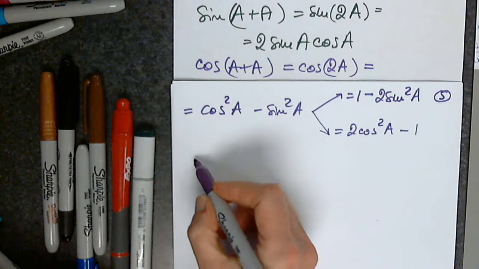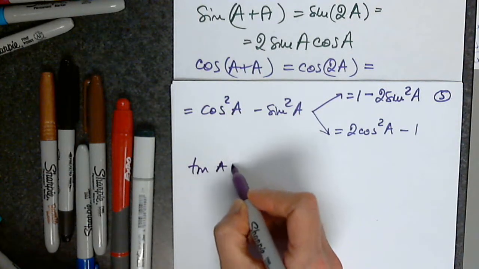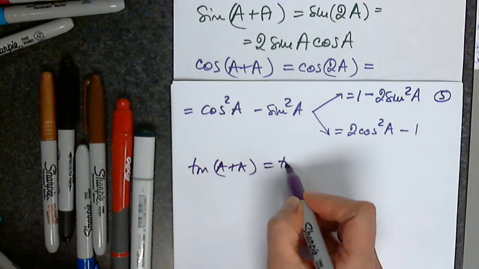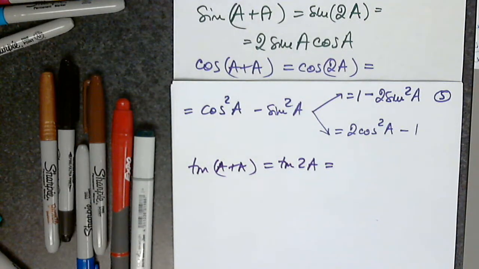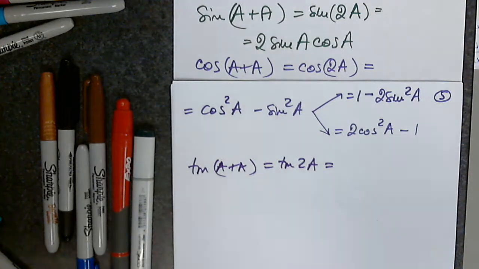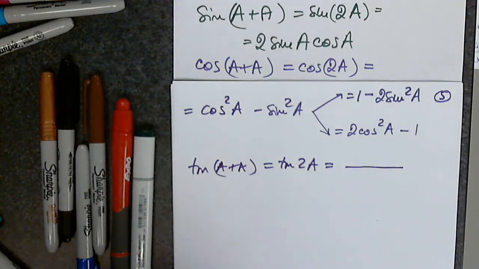Now tangent. Tangent of A plus A, which is tangent of twice A, and I would like you to tell me what to write. You are plugging it in the formula, right? Yeah, so 2 tangent A. Exactly.